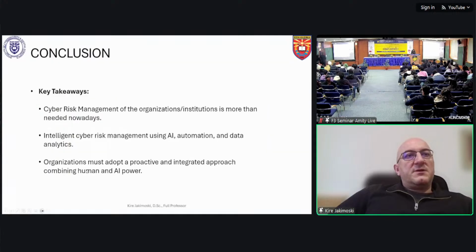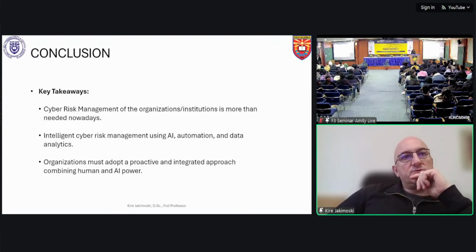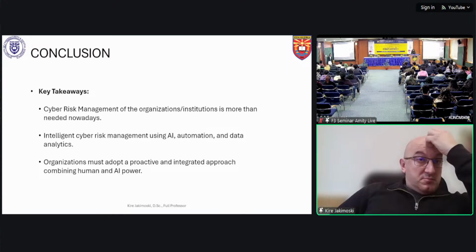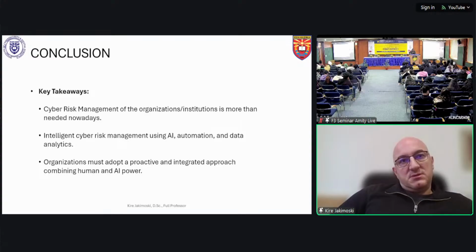So the third key takeaway from this presentation is that organizations should adopt a proactive and integrated approach when doing cyber risk management. Just using AI power is not enough and is not secure, because AI is not just a technology advancement, it's also another type of risk that should be taken into account.